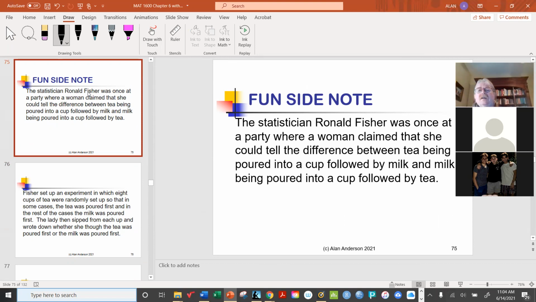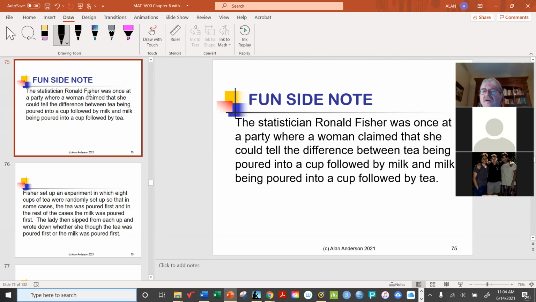He went to a party where it was a tea party. And there was a lady there who claimed, now these people were drinking tea, and apparently this was in England, I believe. The tea being served was what we call a cream tea, which has tea and milk in it.